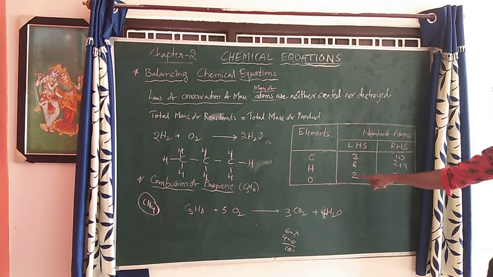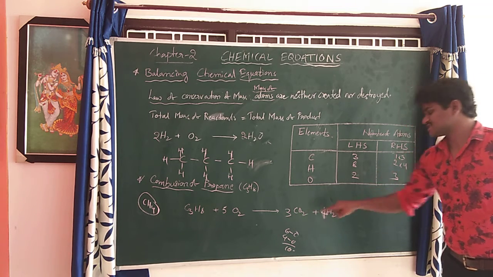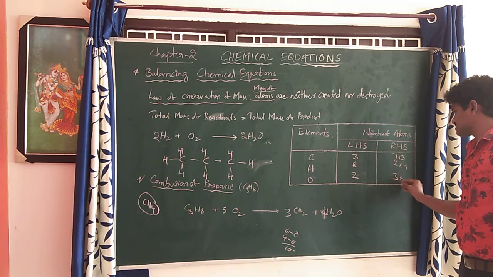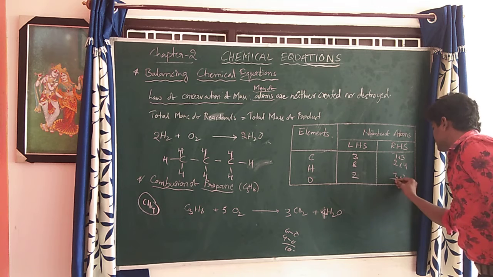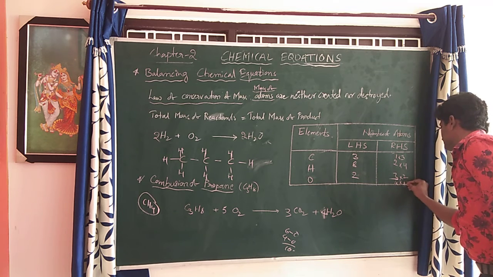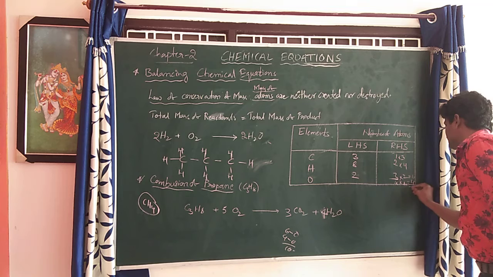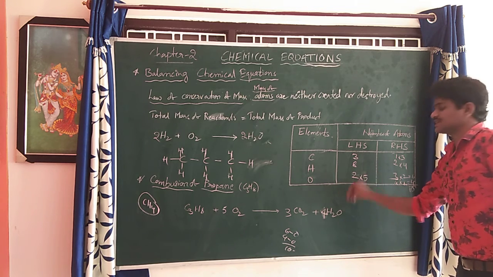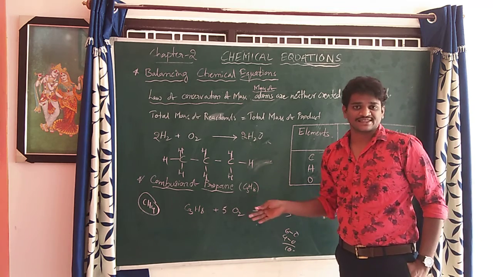And remaining, here 4 oxygens plus 6 oxygens. Total 10 oxygens are there. So for that you have to write 5. 5 twos are 10. In this way, a chemical equation is balanced.